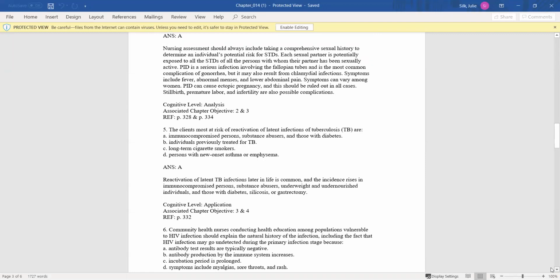Okay, community health nurses conducting health education among populations vulnerable to HIV infection should explain the natural history of the infection, including the fact that HIV infection may go undetected during the primary infection stage because... Anyone have a guess?